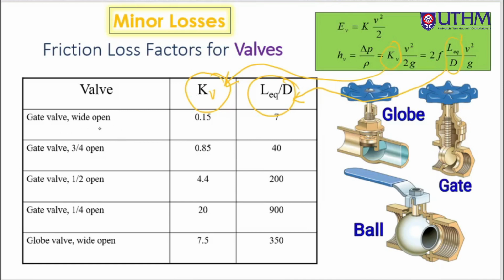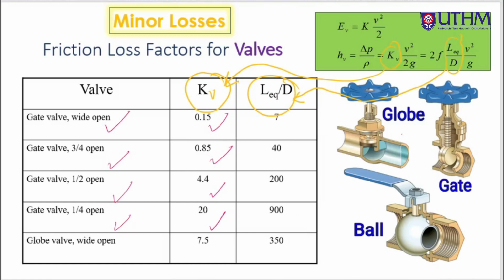If let's say wide open, the value of loss coefficient is 0.5. If let's say the valve is 3/4 open, it is 0.5. If let's say a half open, it is 4.4, and the smaller the opening, the higher its loss coefficient.